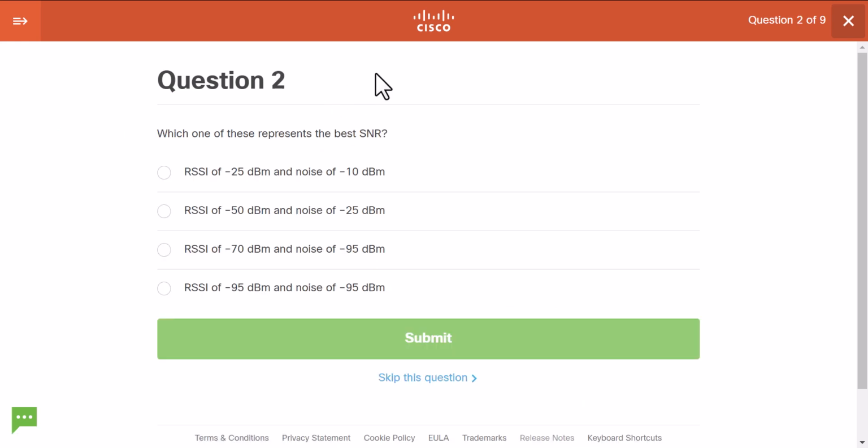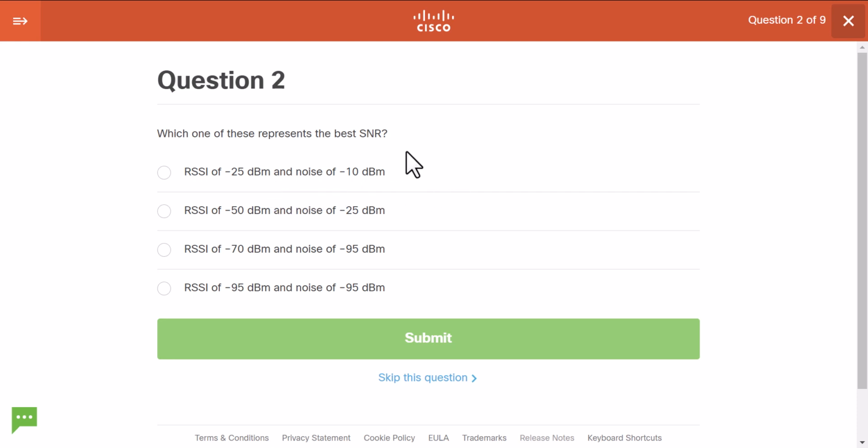Question 2. Which one of these represents the best SNR? So we have RSSI and we have the noise value. RSSI is how much energy is received, received signal strength indicator.